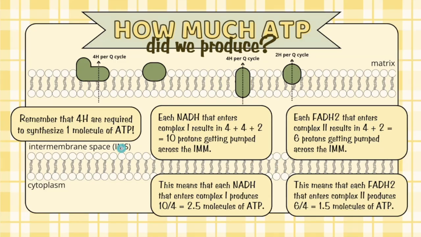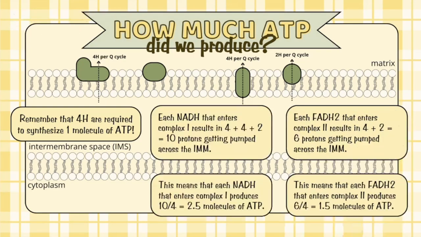Now, the problem is that the outer mitochondrial membrane is permeable to anything, but the inner mitochondrial membrane is not permeable to NADH. So NADH produced in glycolysis, which occurs in the cytoplasm, cannot enter the ETC. Why? Because it cannot pass through the inner mitochondrial membrane. So how do we bypass this problem?